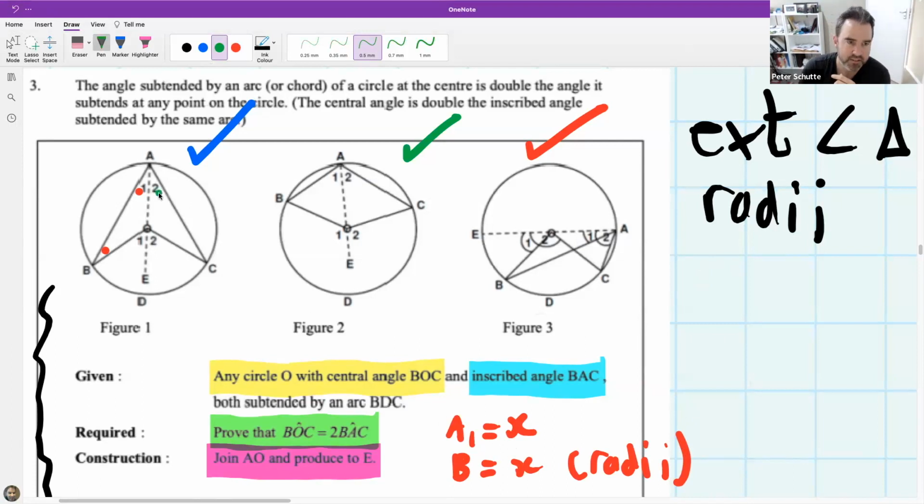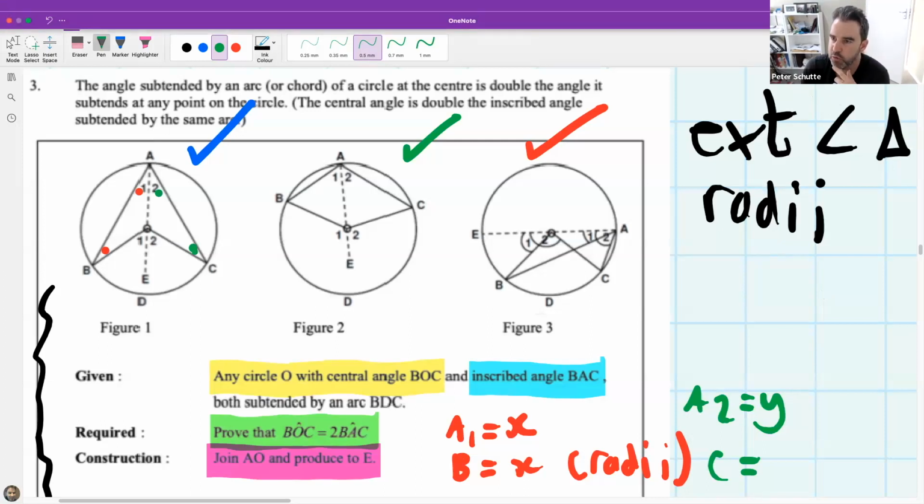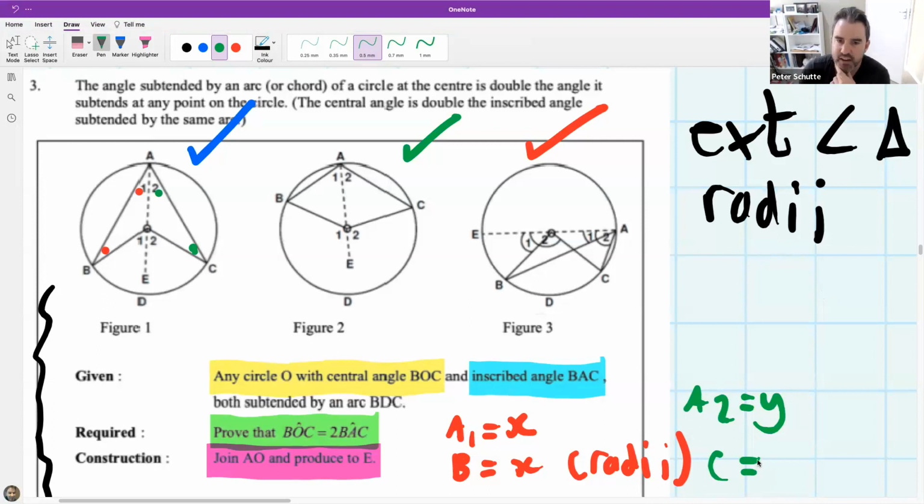Now, let me say that A2 is Y. What is angle C going to be? Angle C is going to be Y, and it's going to be the same reason. It's going to be radii.